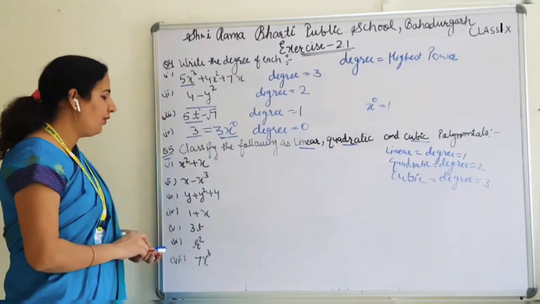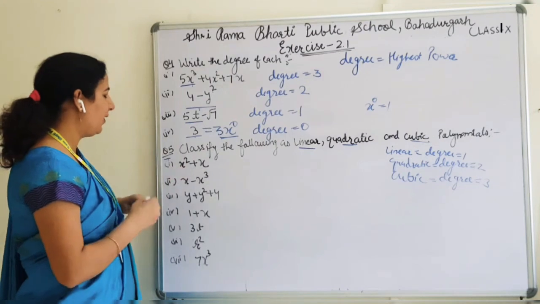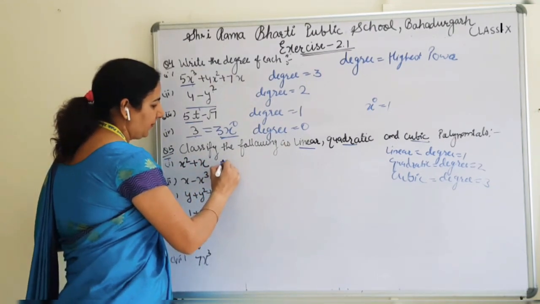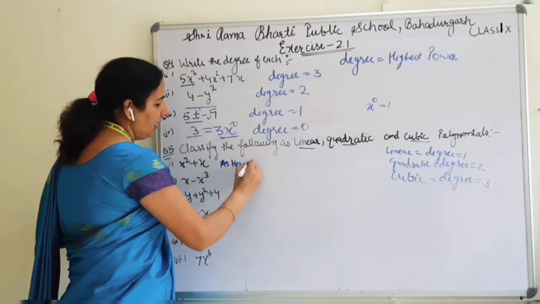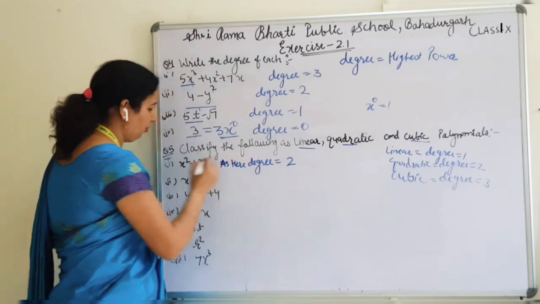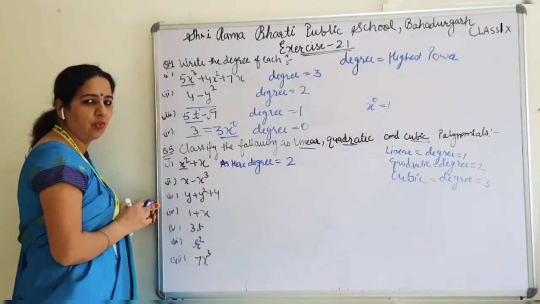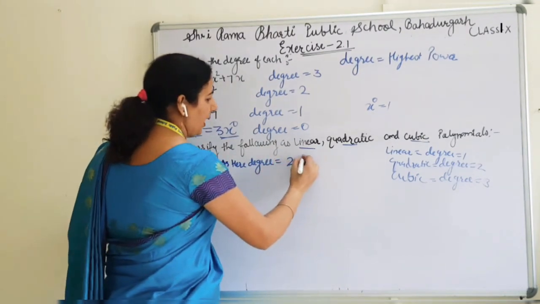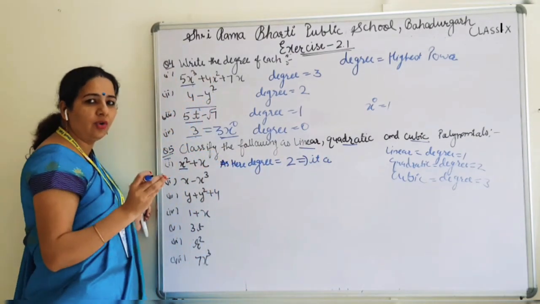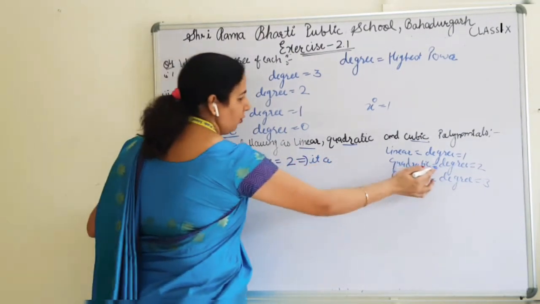So first of all, we are just going to see what the degree of the highest power is. Here the degree is equal to 2, because the highest power is 2. So this implies it is linear, quadratic or cubic? Degree 2 means quadratic.